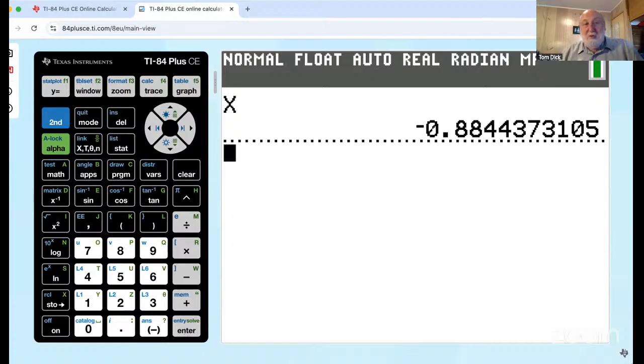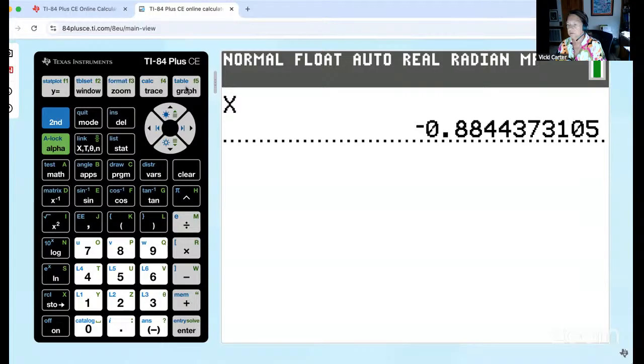So we might want to store that away, or we could leave it here, but it's now safely on the calculator screen. If you're going to use that value for something else, you've got access to it. Which is similar to Steve saving it as a list.